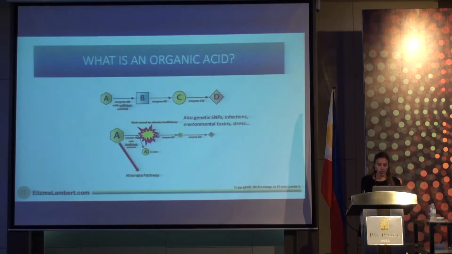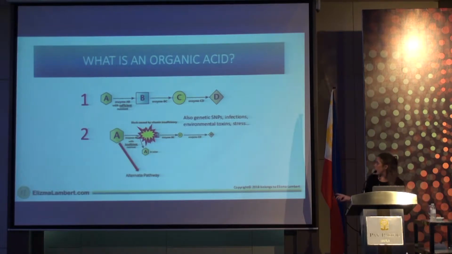And so if we are a little bit more specific, an organic acid is an organic compound with weak acidic properties. So when we break the food components down for energy, we form substrates, and then these substrates are further broken down and used for growth, repair, and the maintenance of the cells and the tissues. In addition, the enzymes involved in these reactions also need vitamins and minerals as cofactors to function.